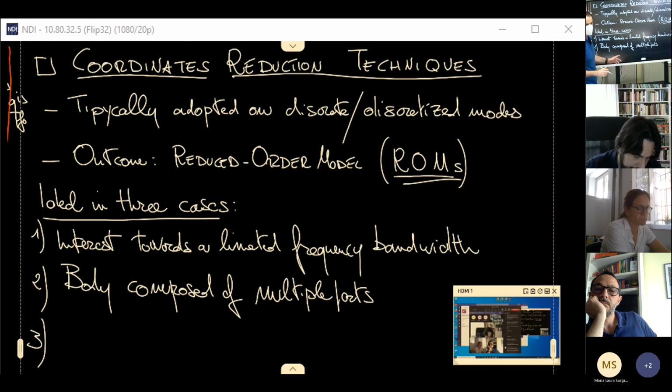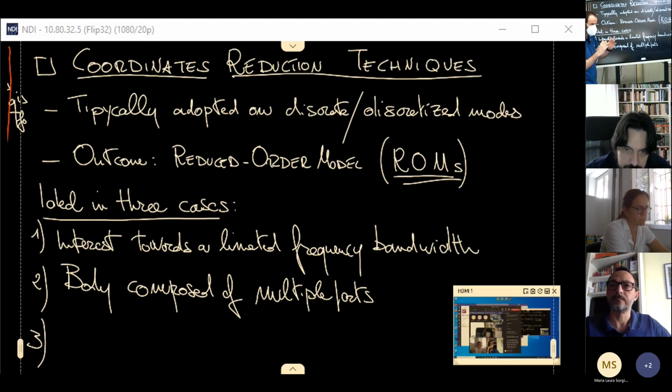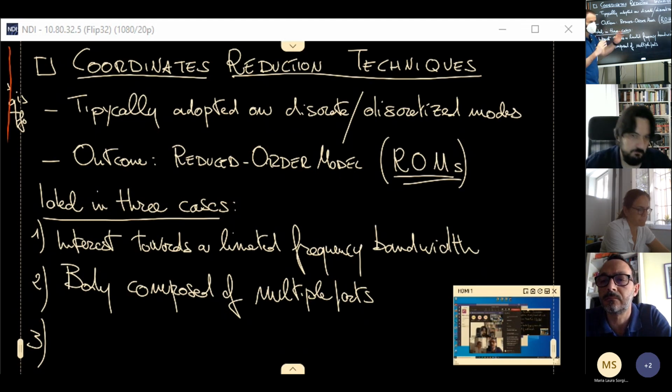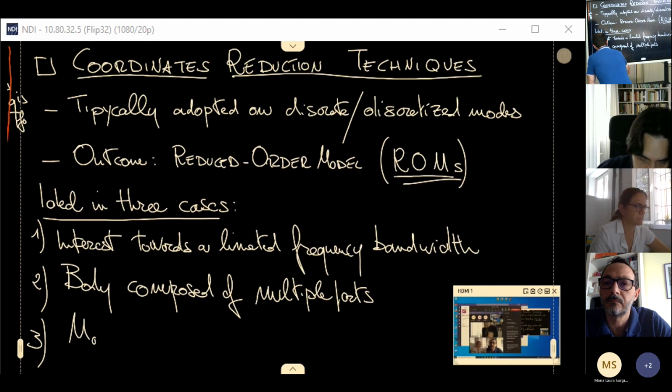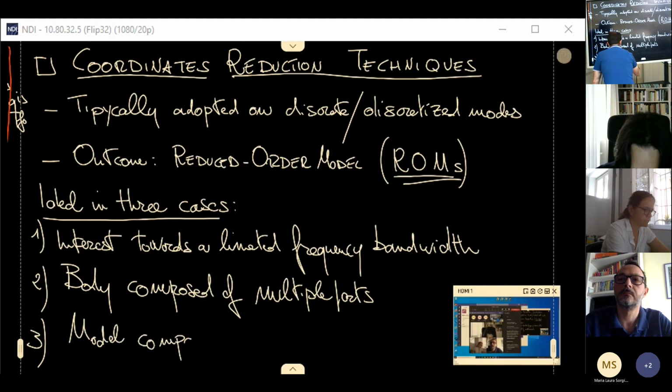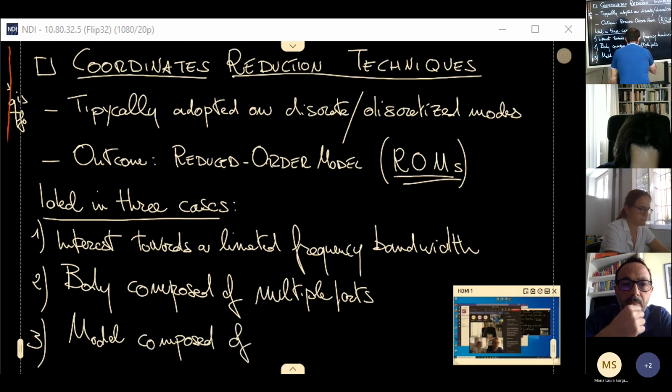The third case is when we have multiple bodies in the system, and this is a typical case for multi-body applications, when we want to reduce the number of degrees of freedom associated to certain bodies which we have not too much interest in investigating. So, a model composed of multiple bodies.